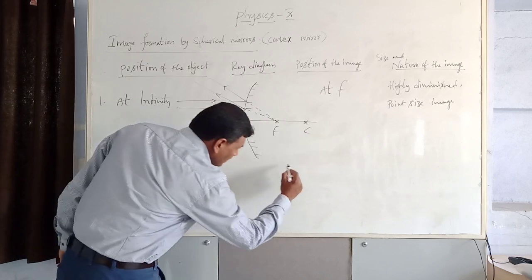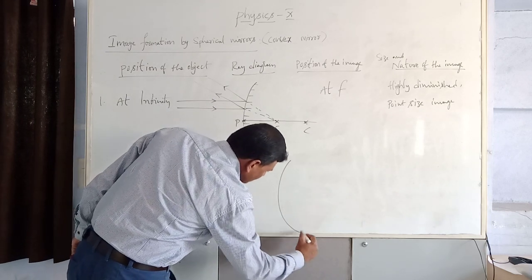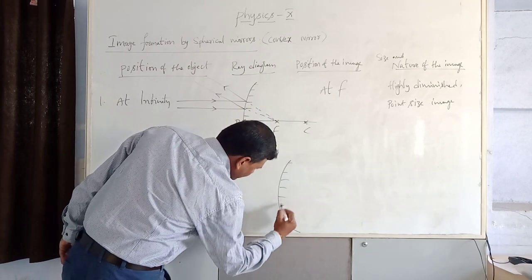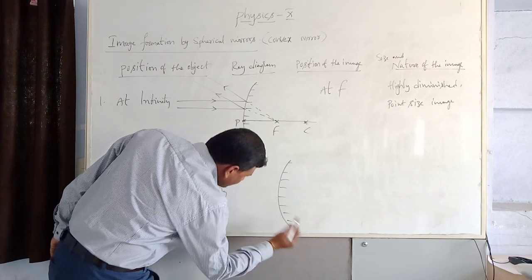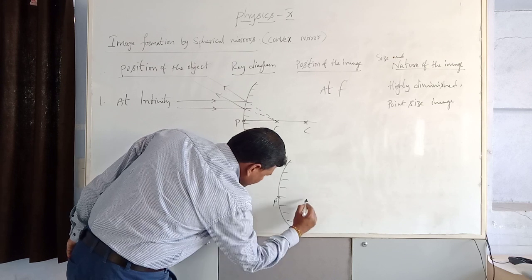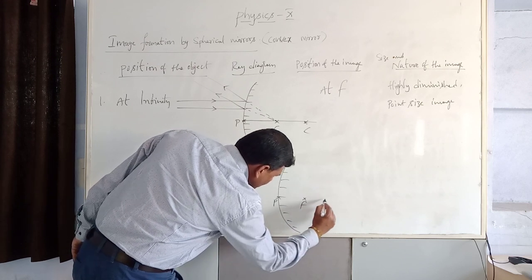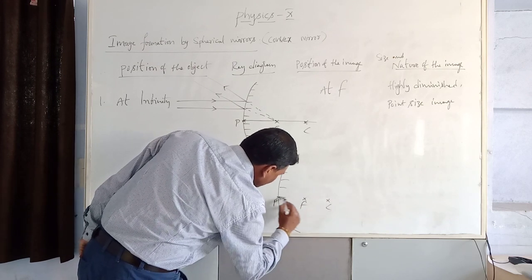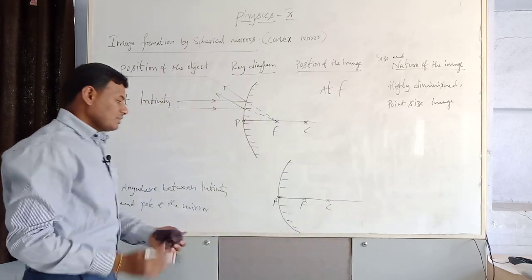Now consider another convex mirror. Let this be pole, principal focus, center of curvature, and the line passing through is the principal axis.